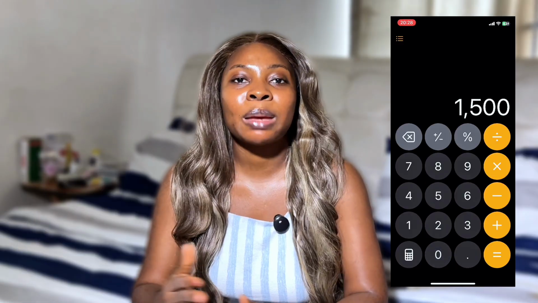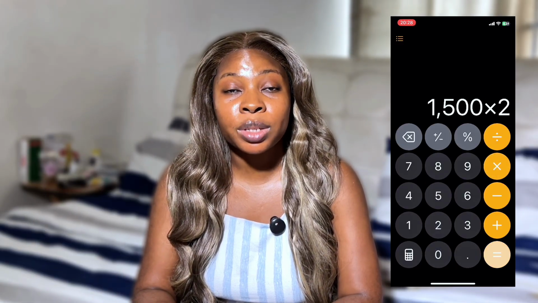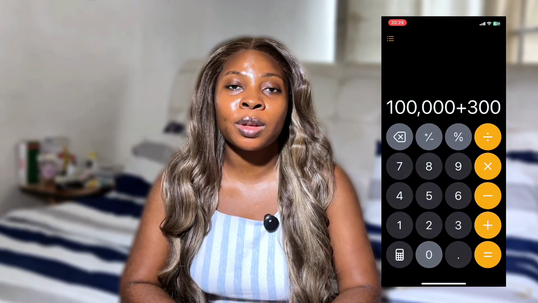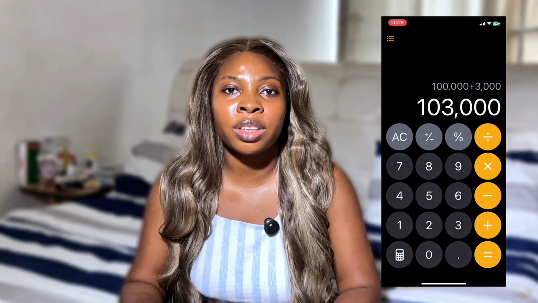So 1,500 times 2 liters, that's 3,000 naira, which is what I consume, which we are assuming is what I consume for 2 hours. So 3,000 naira for fuel. Let's assume that's the overall expense I needed to create this content. I'm going to add that 3,000 naira to my base rate, which is 100,000. So I'm going to be charging 103,000 naira.